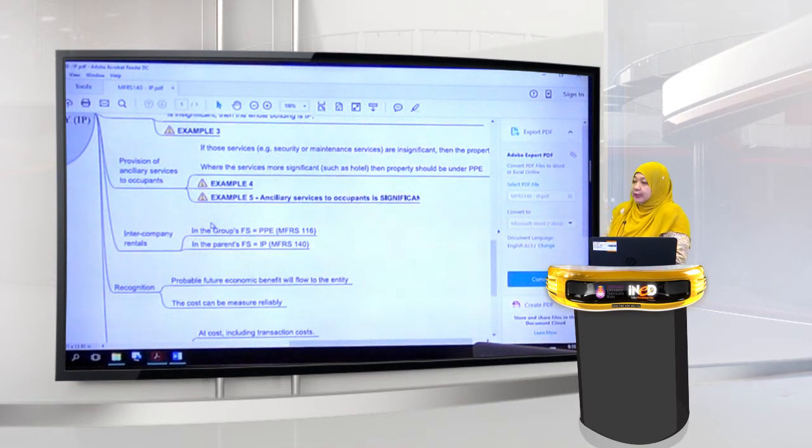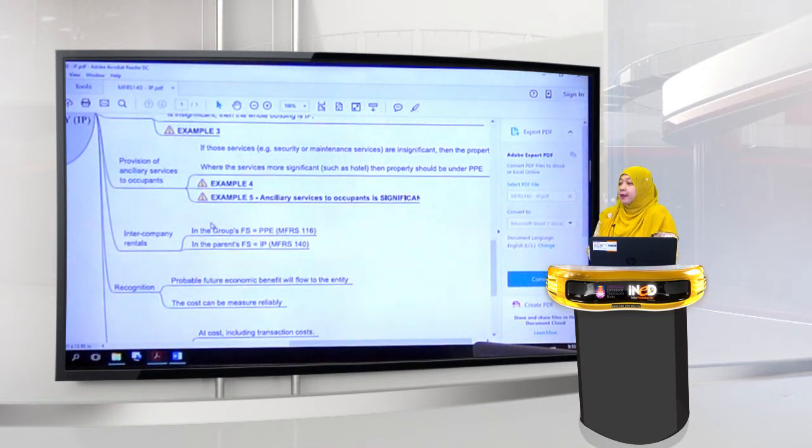Now in this case, we have to eliminate the intercompany rental because as a group they are considered as one entity. So when we record in the financial statement of the group, that property will be classified as property, plant and equipment, falls under MFRS 116.